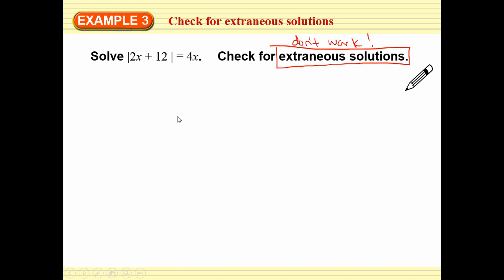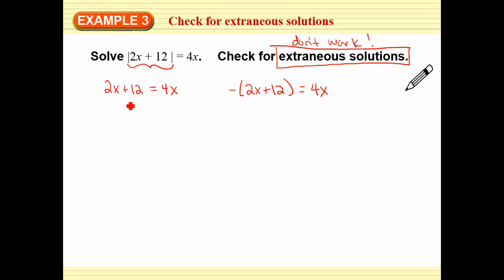So we're still going to do this the same way. This problem already has the absolute value on this side isolated, so we'll just write the two problems we're going to use. So 2x plus 12 equals 4x, and also 2x plus 12 in parentheses with a negative equals 4x.